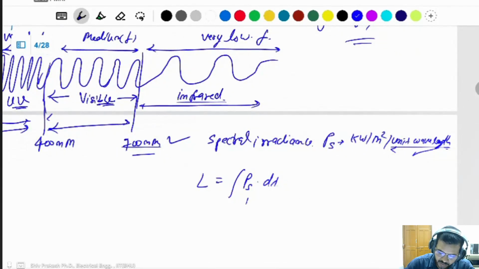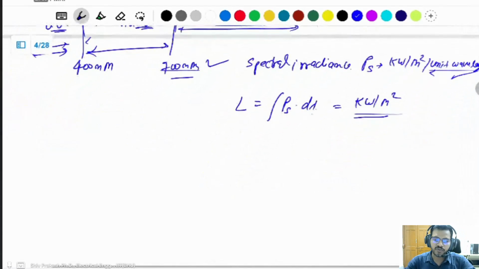This will be in kilowatt per meter square per unit wavelength. The wavelength will be cancelled out, then this will be in kilowatt per meter square. This also varies; it is the effect of the light only, the light spectrum from ultraviolet to infrared.